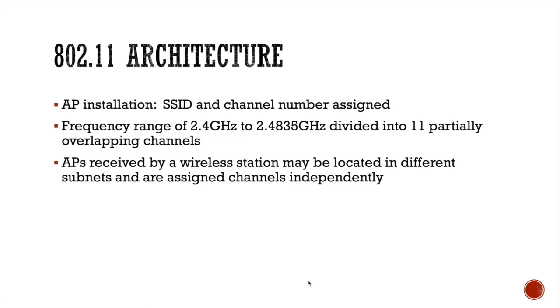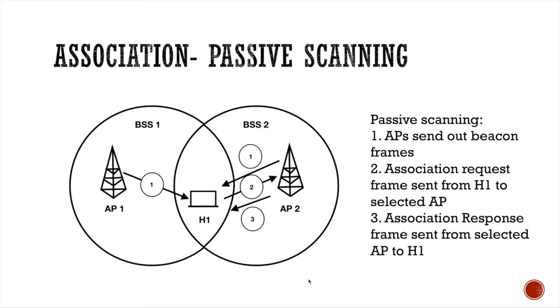When a wireless station receives signals from two or more APs, each of these APs could be located in a different IP subnet and have been independently assigned a channel. Wireless devices would have to associate with one of the various APs in order to access the internet.